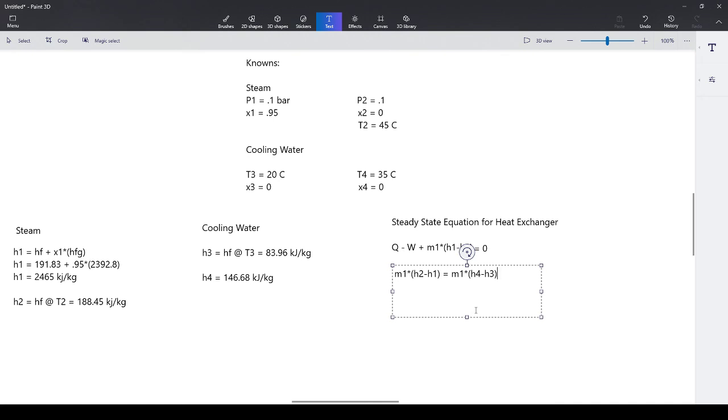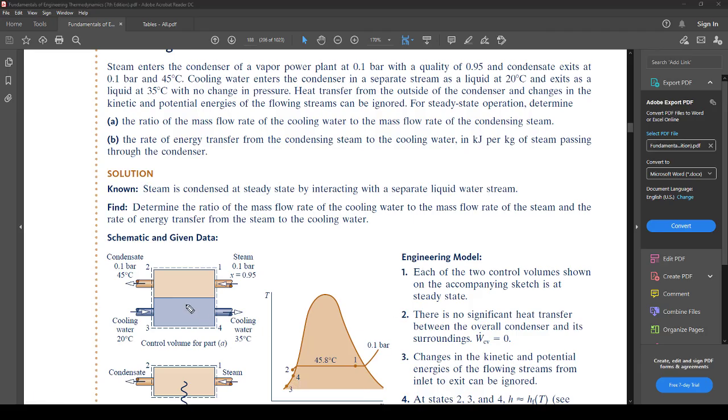Okay, so this is the total heat transfer equation, right? Because if you guys think about this, this has to be the same, right? Any heat transfer leaving this fluid right here has to be picked up by this fluid. Would you guys agree?